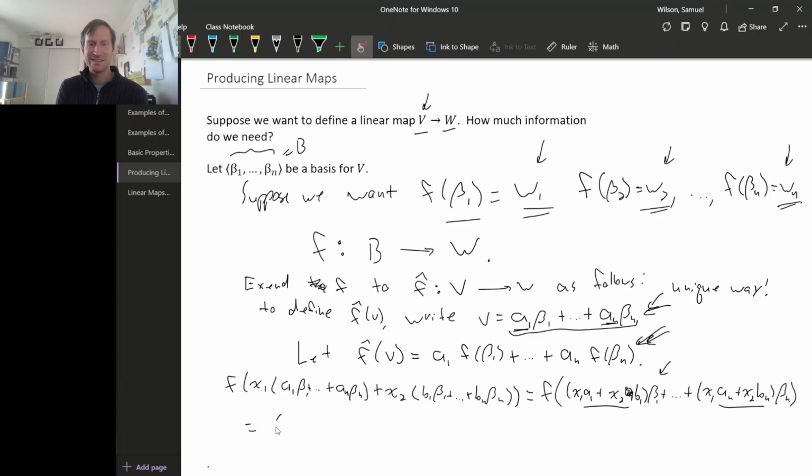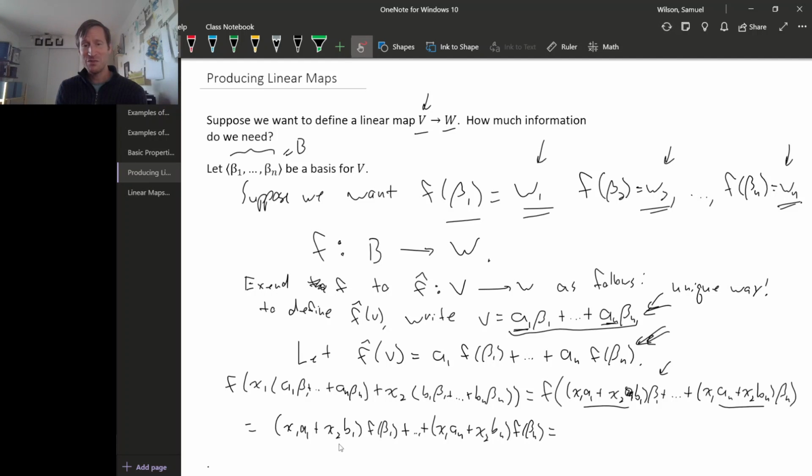So this is x1a1 plus x2b1 times f of beta 1 plus dot dot dot down to x1an plus x2bn times f of beta n.